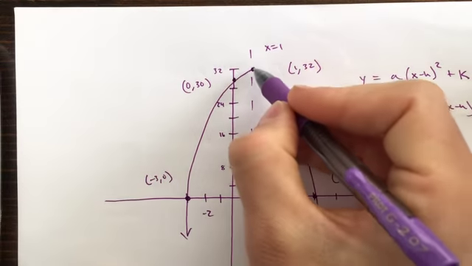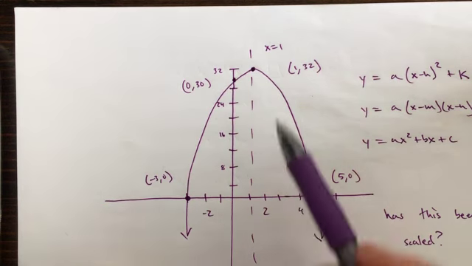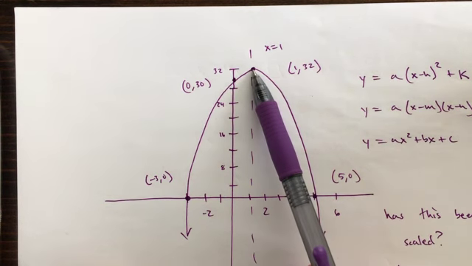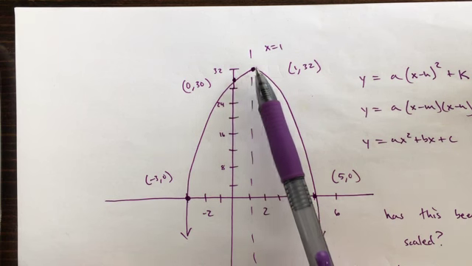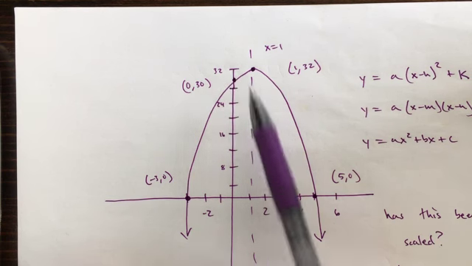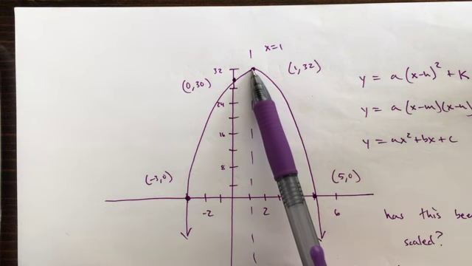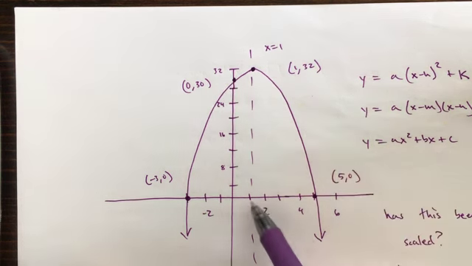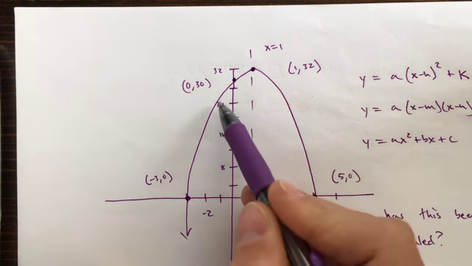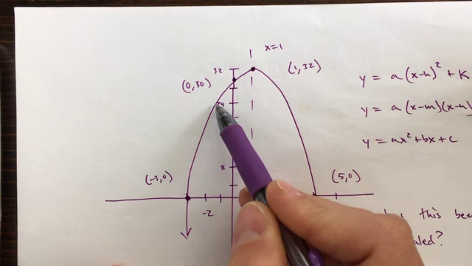So find your vertex. Even though your scale is a little bit weird here, what we can see is if I move over 1, I'm actually going down 2, right? Because I was at 32. I moved over 1 because this is just 1, even though my scale is strange. And I moved down 2. If I move over 2 to here, it looks like I've gone down 8, right?